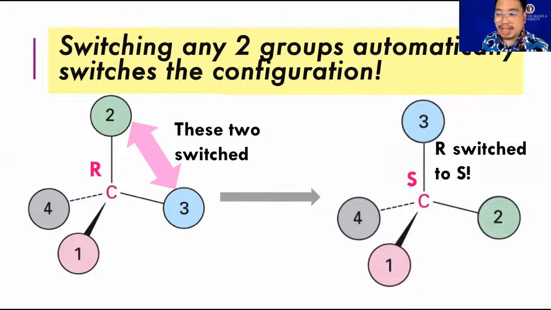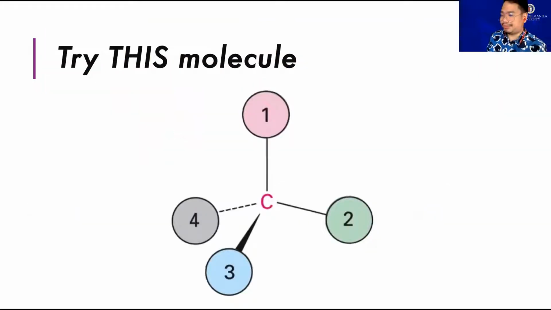So R automatically becomes S, and S automatically becomes R. And again, this goes to show you that if you make a mistake, say you switch the dash and the wedge, or accidentally switch where the hydrogen is placed, you can easily get it wrong. That's why I don't like the old book techniques of redrawing a molecule and changing dashes and wedges. You tend to make mistakes.